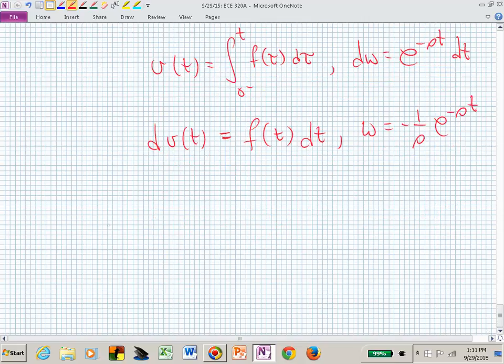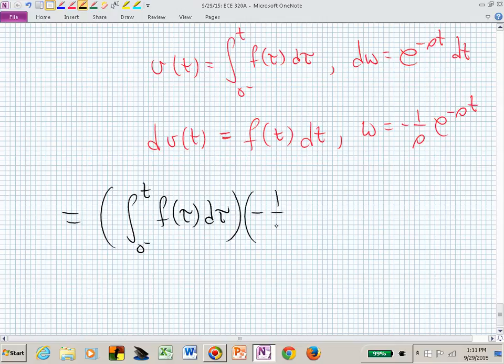If we apply that in our formula, now we can say we have vw. V was this integral from 0 minus to t, f of tau d tau. W is minus 1 over s, e to the minus st. And we evaluate that at t equal 0 minus and infinity.